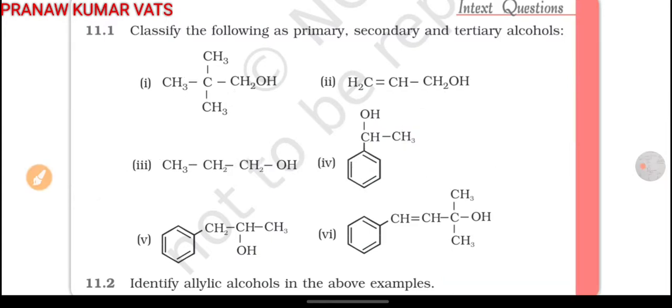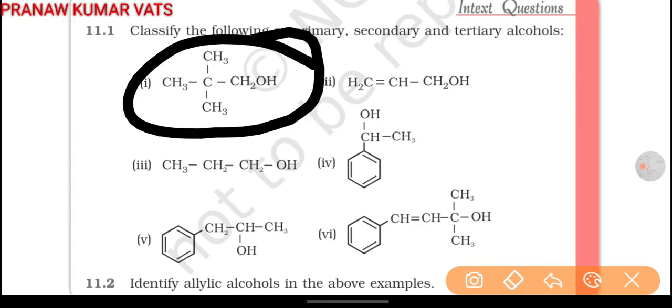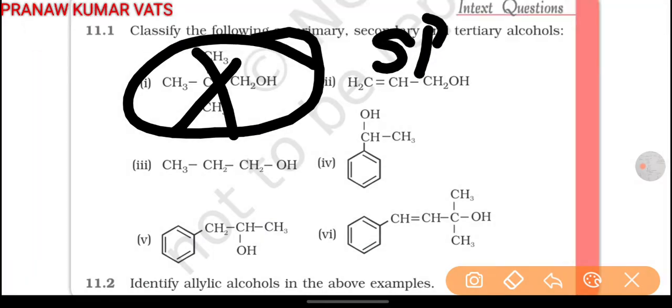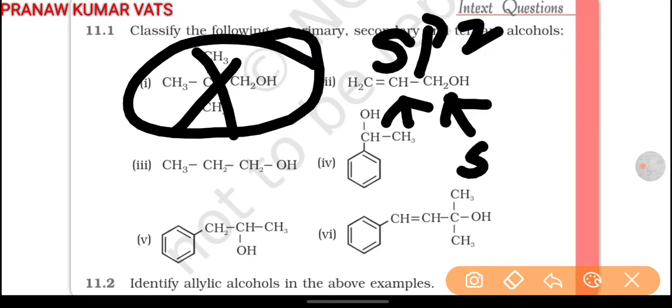Starting with the first question, we will see. No carbon is sp2 hybridized, so this cannot be allylic. Now in the second, this one is sp2, then here this is sp3, and then the OH group is there.